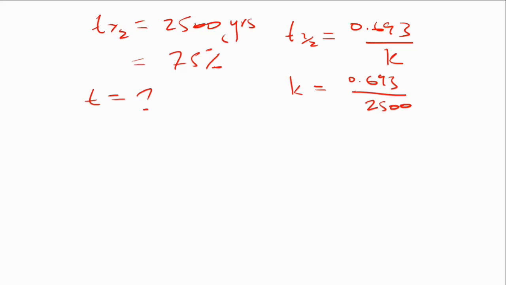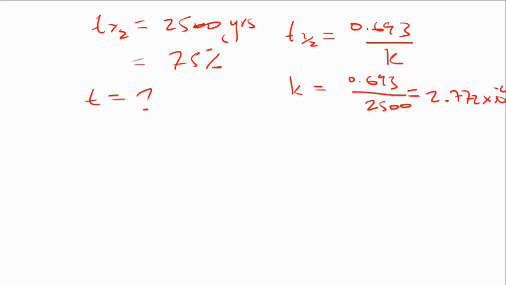Let me get my calculator. So it's 0.693 divided by 2,500, and we have, what's that, 2.772 times 10 to the minus 4.